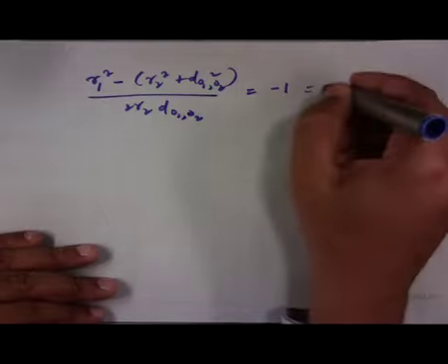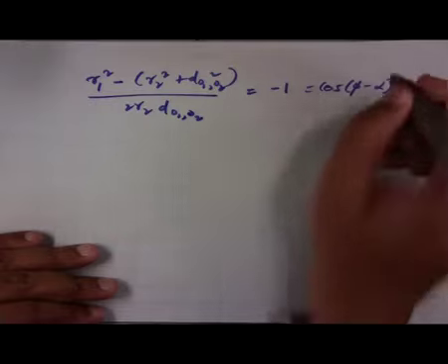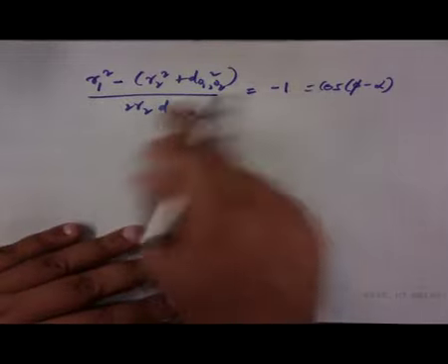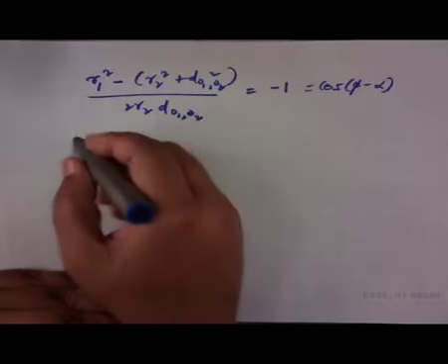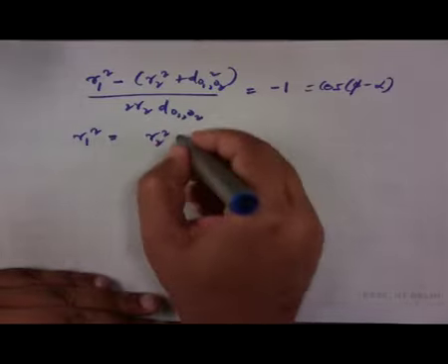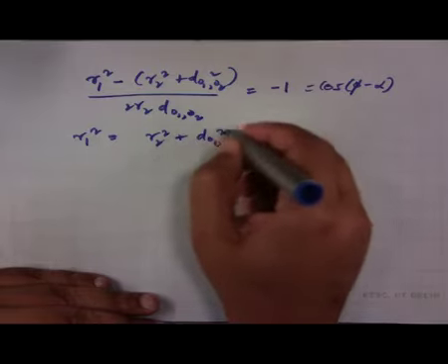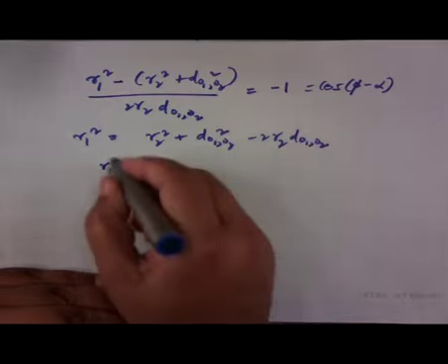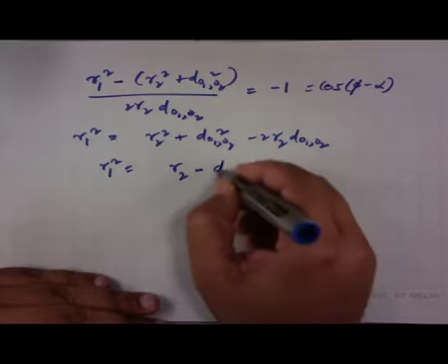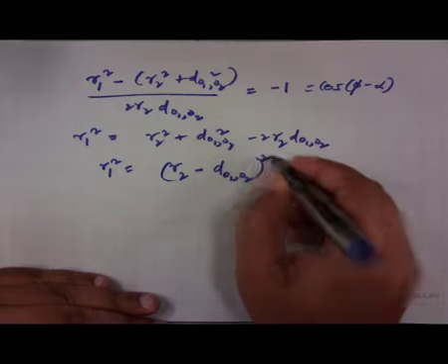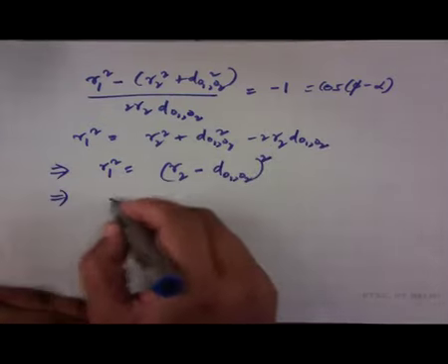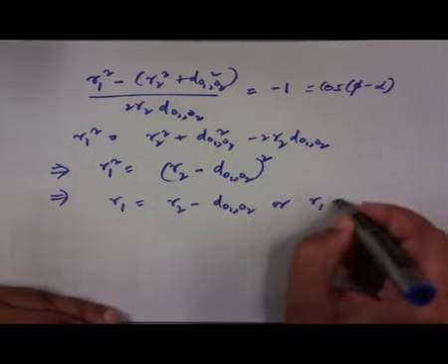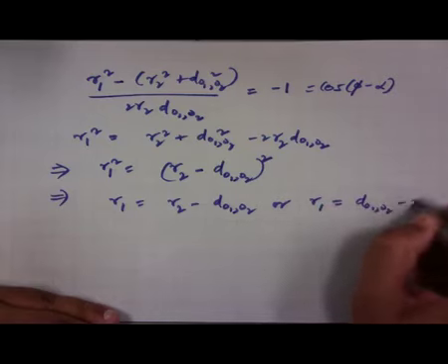Which is equal to cos of phi minus alpha. So, this will happen if and only if... if we try to just solve this, what we see is that R1 square is equal to R2 square plus d(O1, O2) whole square minus 2 R2 d(O1, O2), which means that R1 square is equal to (R2 minus d(O1, O2)) whole square, and this implies that R1 is either equal to R2 minus d(O1, O2) or R1 is equal to d(O1, O2) minus R2.